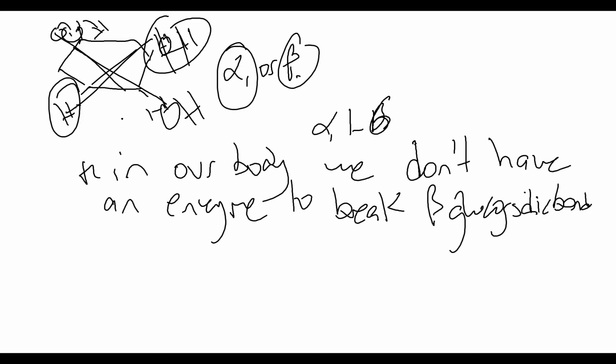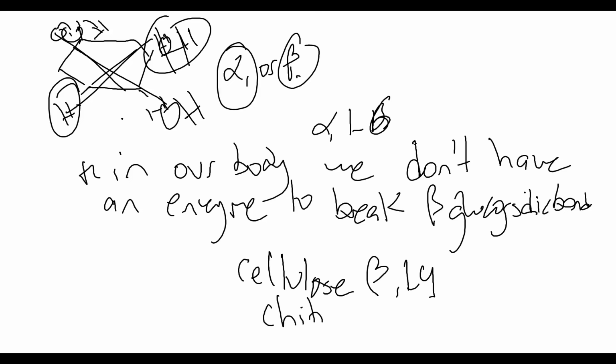So we cannot break down cellulose, which is made up of beta 1,4 linkages, and chitin, which is the cytoskeleton of fungi and insects, made up of N-acetyl beta D glycosidic bonds.